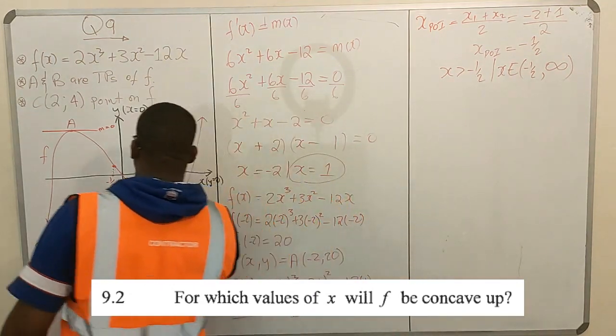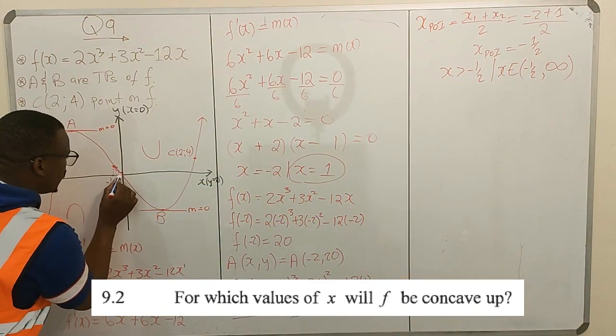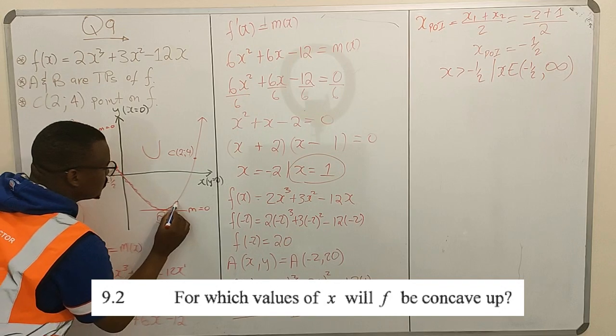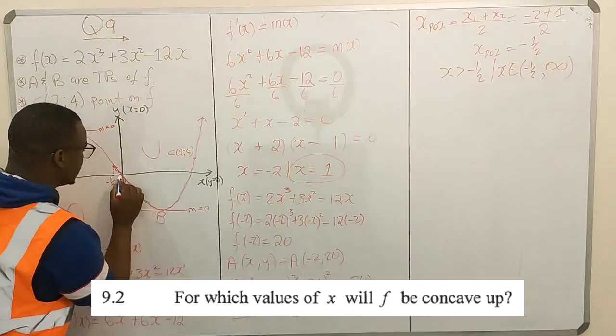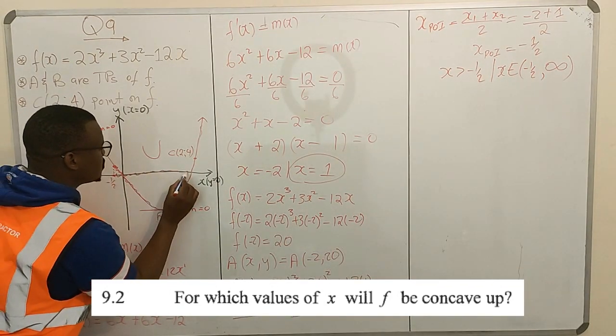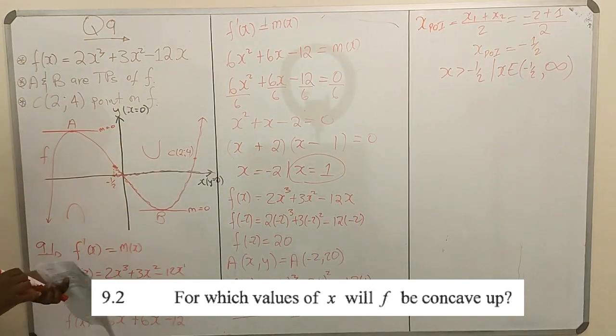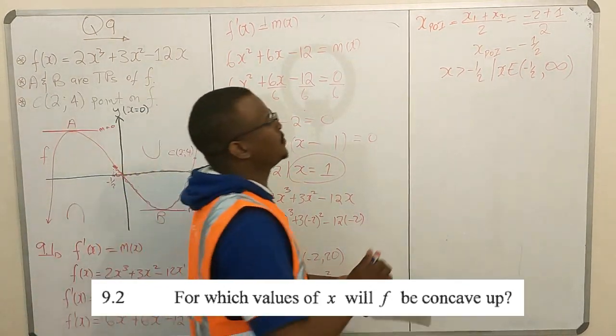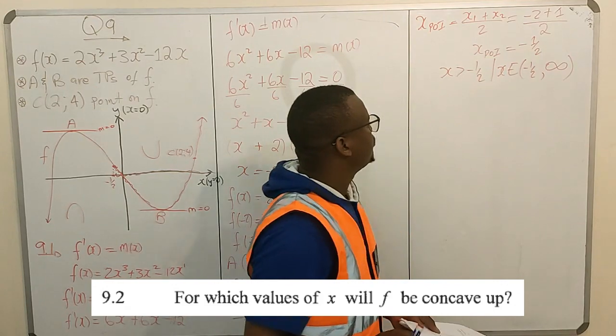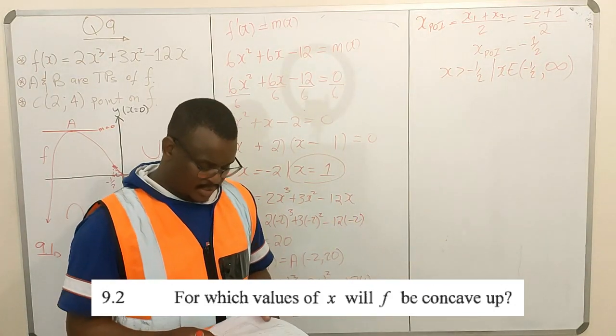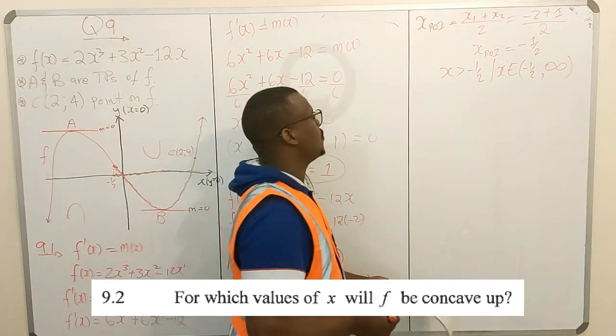Which means it's concave up here, right? The corresponding x values are all these values up to infinity. So this is what this means. It looks like we're done with this question. We're going to 9.3 now.